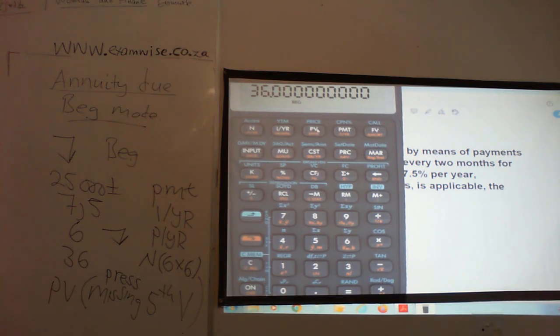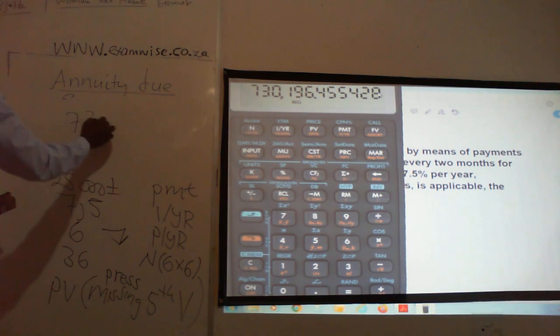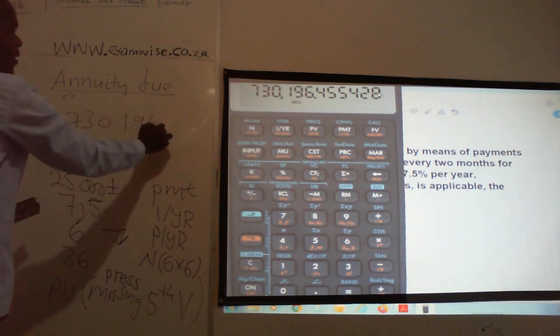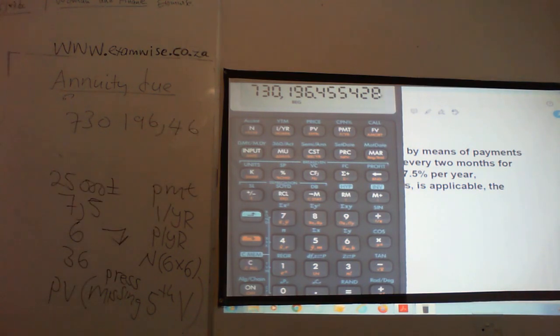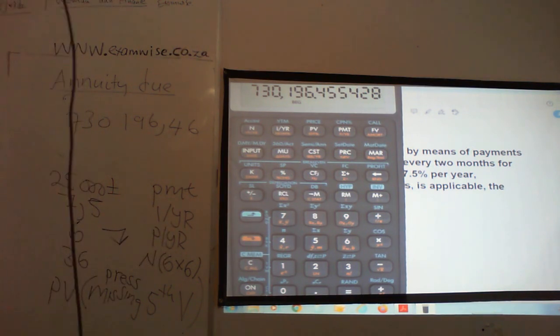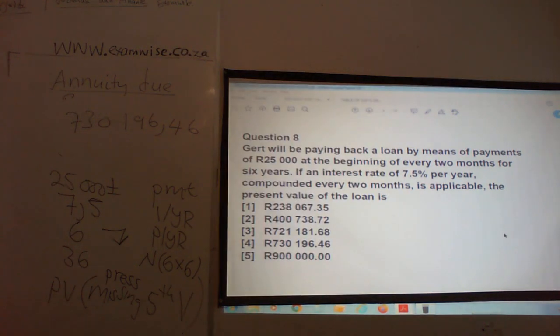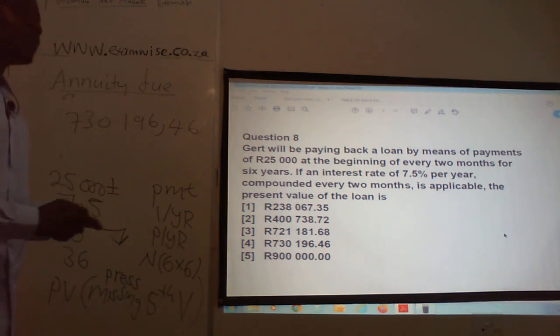So our present value is here, then we press our present value. So our present value will be 730,196.46. So that is how we do. Put your calculator in beginning mode. So our correct option will be option number 4.